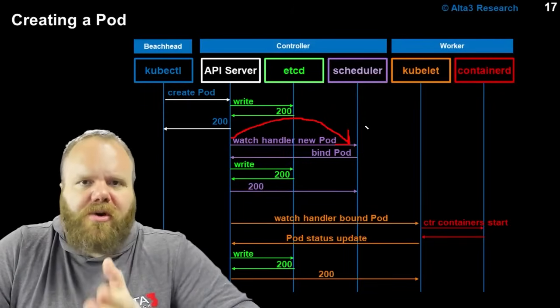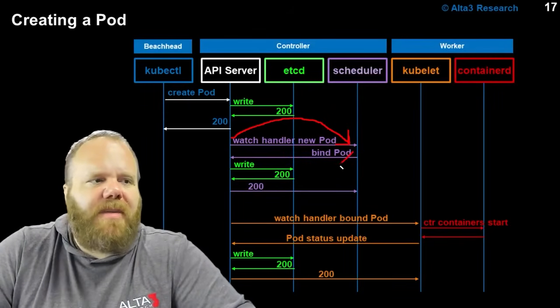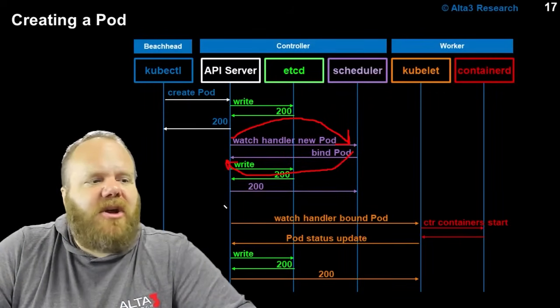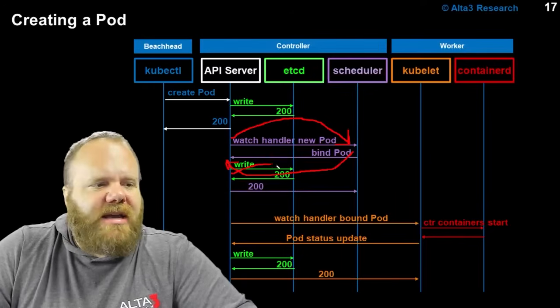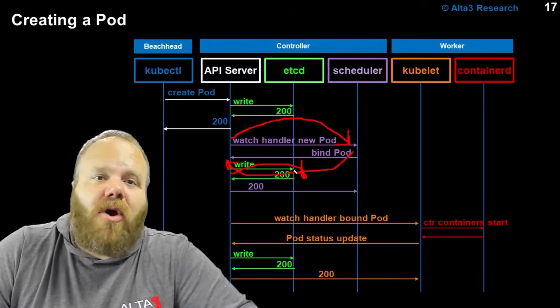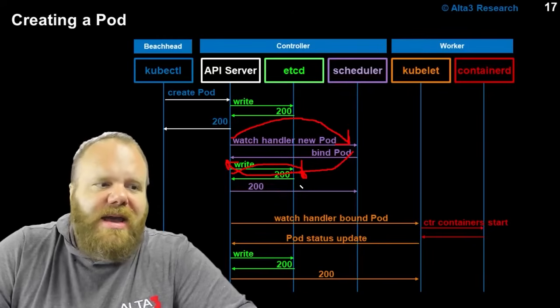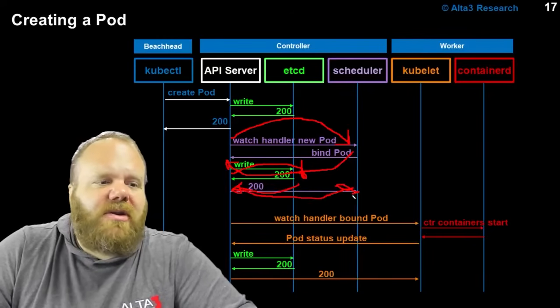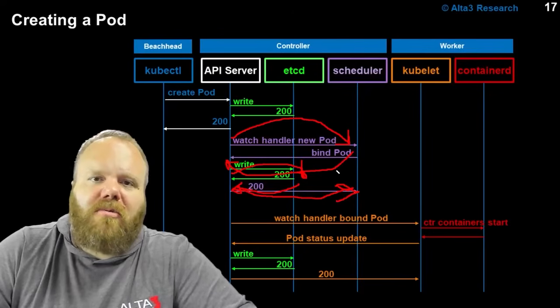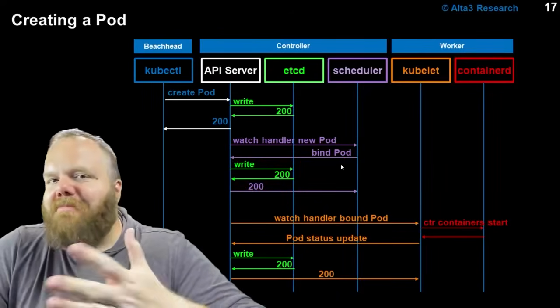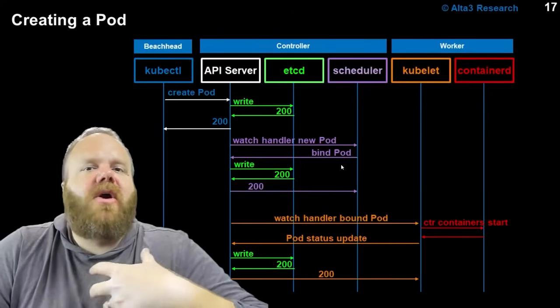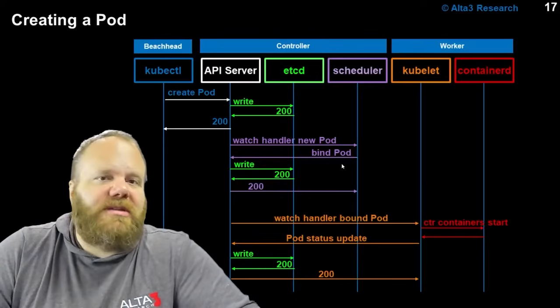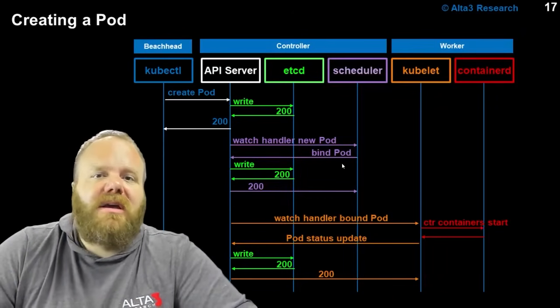So just remember, worker node 2 is the decision that got made. That's sent back to the API server. API server says, okay, sounds good. I'm going to let etcd know that we're going to put that pod on node 2. etcd says, sounds good, boss. And then API server says to the scheduler, hey, good pick. We're going to wind up going with node 2. So it's a lot of back and forth as we are ascertaining where resources are going to be located physically inside of our cluster.